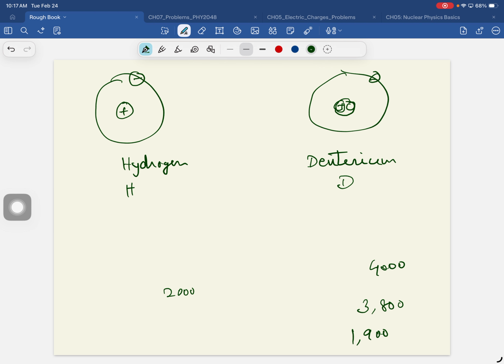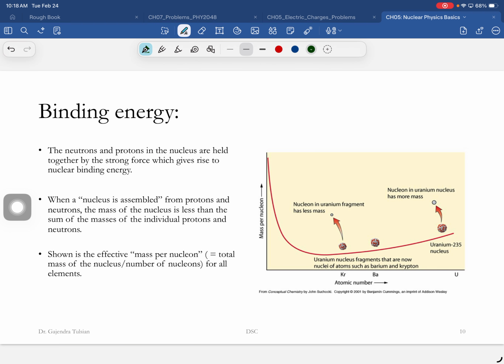So when the nucleon is in a bound state, it weighs less. And the tighter it's bound, the less it'll weigh. Did you guys understand that? All right. So that's what this graph is telling you. If this is the mass of a free proton, and you put a proton in a krypton nucleus, that's its mass.